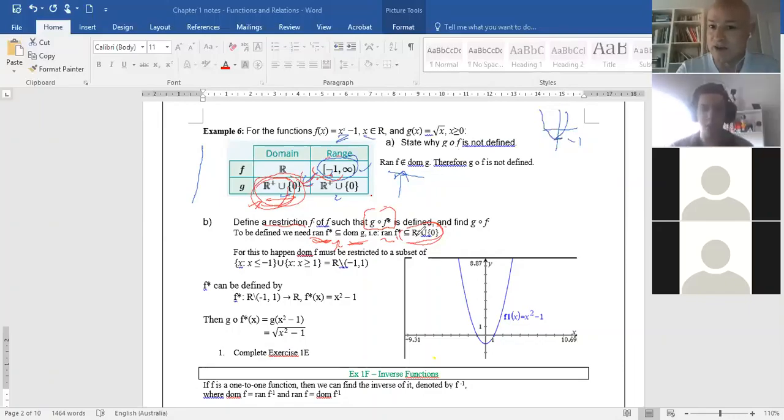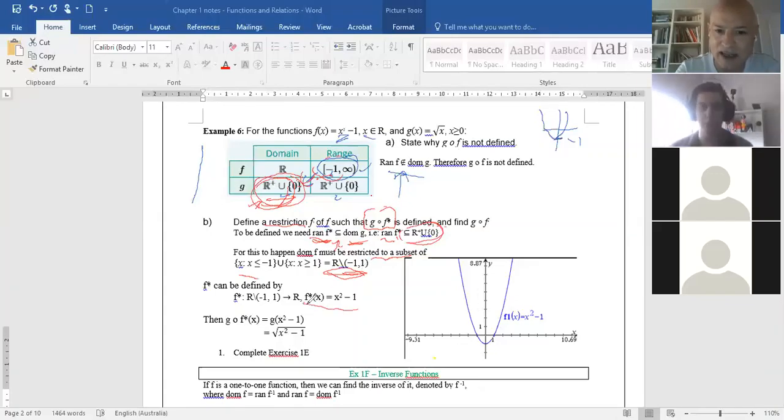Okay, but remember, if we're restricting the range of F, then we also have to restrict its domain. So for this to happen, the domain of F we need to restrict to a subset, and therefore we're going to restrict it from reals, but excluding -1 to 1. Okay, very important. So we've got our rule.